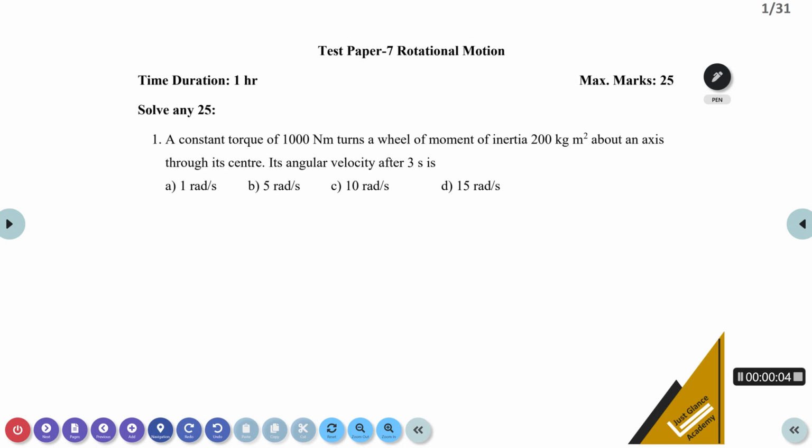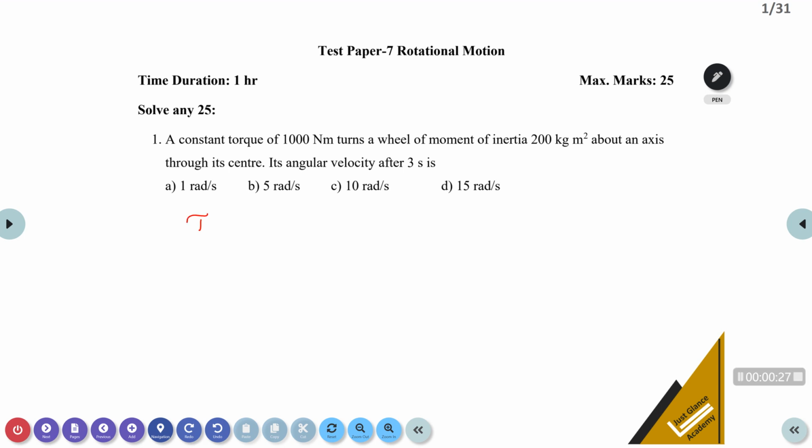In this video, I am discussing the detailed solution of rotational motion, or sometimes it is called rigid body motion also. Okay. First question, you read it. A constant torque of 1000 Newton meter turns a wheel of moment of inertia 200 kg meter square.